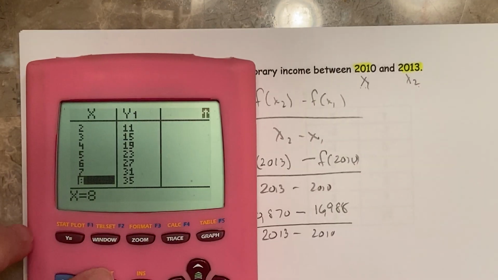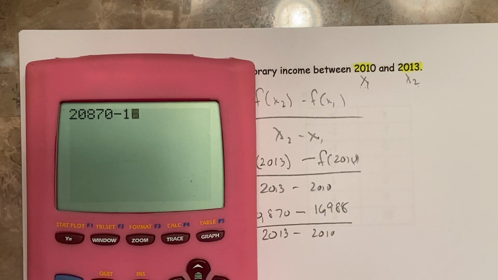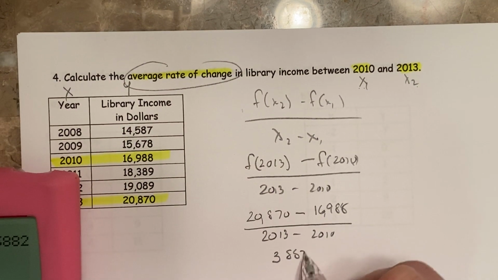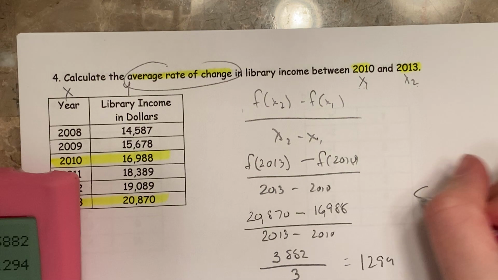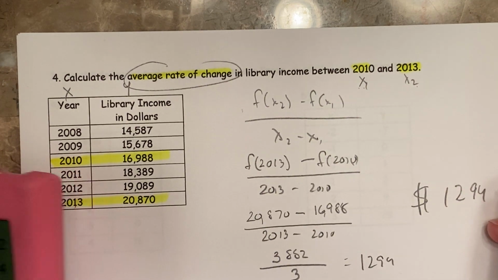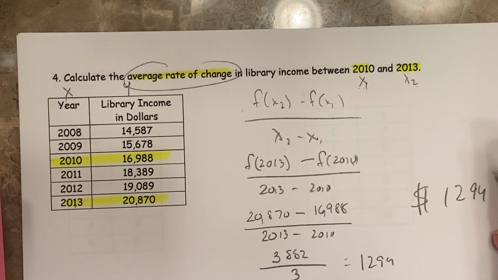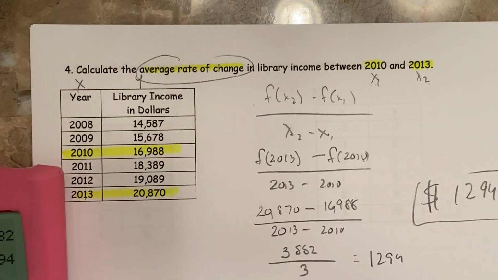So we have 20,870 minus 16,988, and that's going to give me 3,882 over 3, which is 1,294. What do we have? Dollars per year. I'm going to write that. That sounds good.